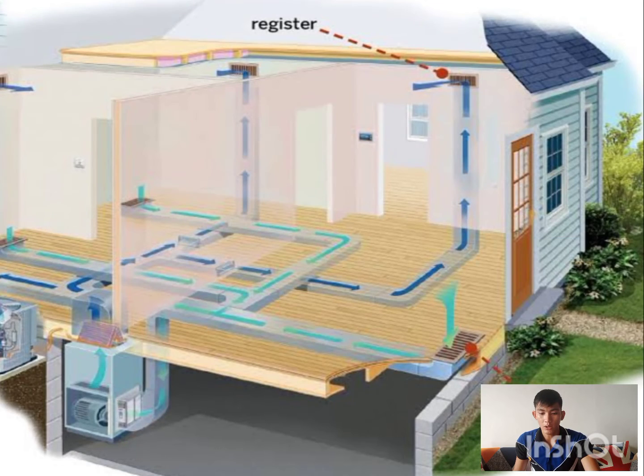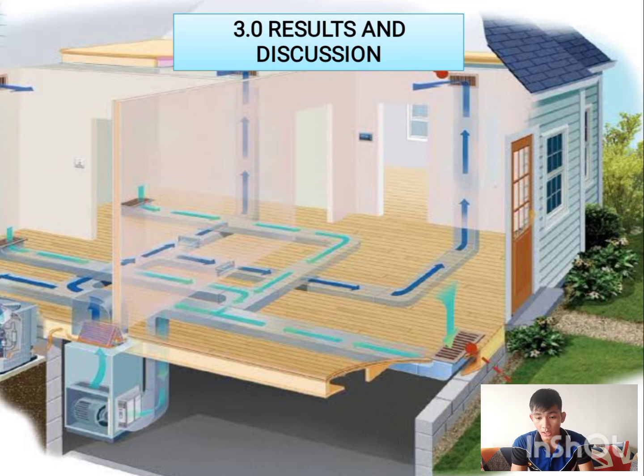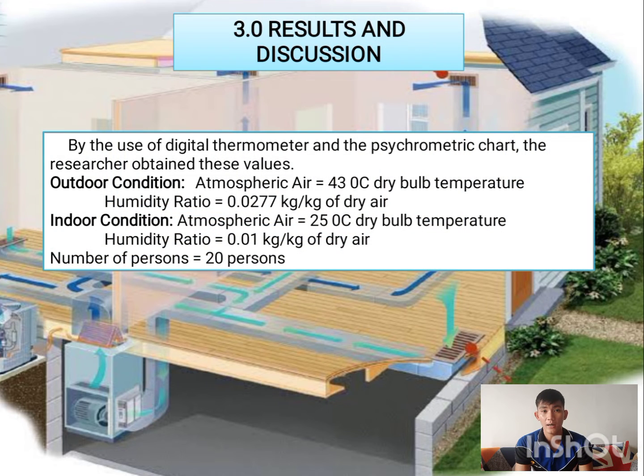So now let's proceed to the last part, the results and discussion. So by the use of the digital thermometer and the psychrometric chart, the researcher obtained these values. So this is the outdoor and the indoor condition.